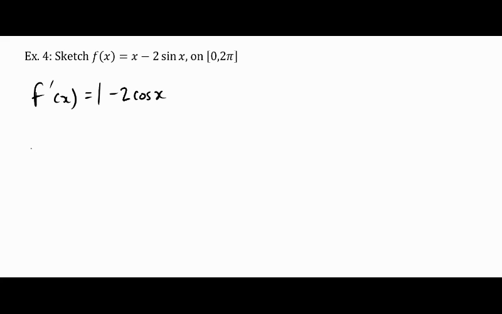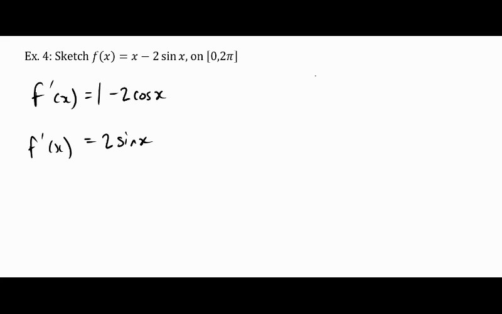And then if I take the second derivative, the 1 is gone, and the derivative of cos is negative sine, so it's going to be positive 2 sine x. It's not often that the derivative ends up being more simple than the original function, at least not in our experience from the previous unit. But sometimes this is what happens in trig, and we set up these questions this way because it makes it easier to examine the properties.